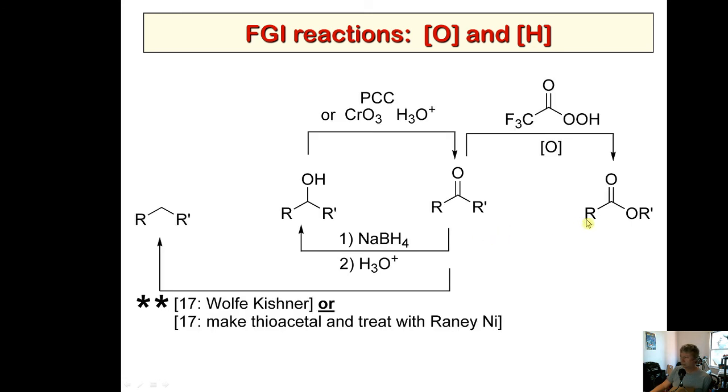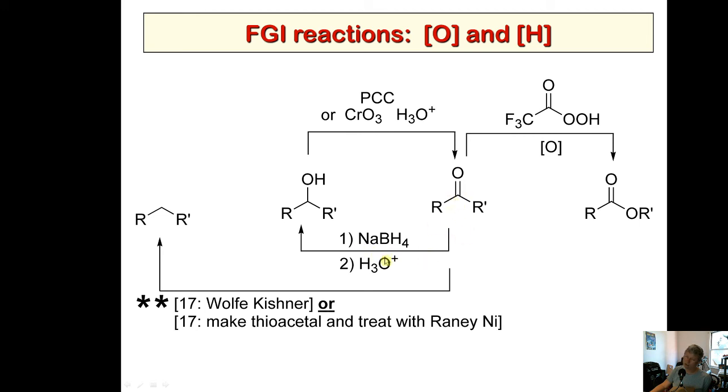This is kind of a similar scheme, but this is assuming we're starting with a secondary alcohol instead of a primary. We can go from a secondary alcohol to a ketone using PCC or CrO3, and that can't go any further, so it's just a single-step oxidation. And then you can reduce that with NaBH4.